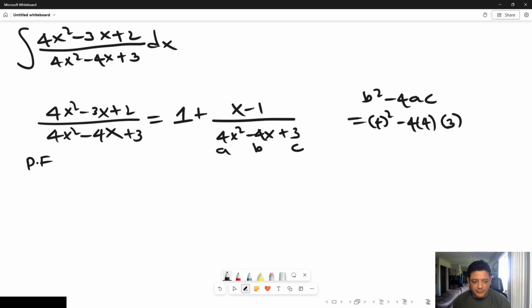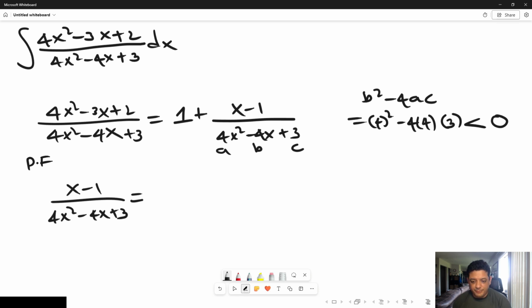So this part is clearly bigger than this one, so this is going to be less than 0. And so this tells me that this is an irreducible term. So when I'm doing partial fractions for x minus 1 over 4x squared minus 4x plus 3, that's just going to be an irreducible factor.